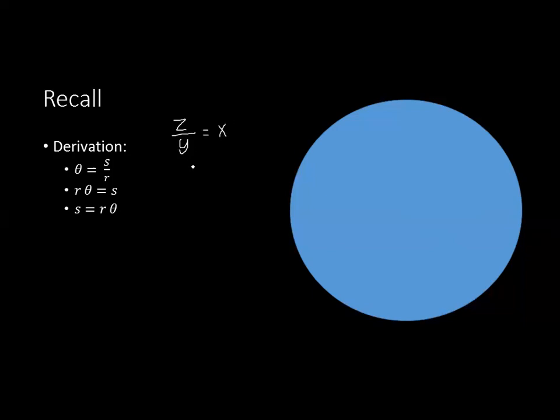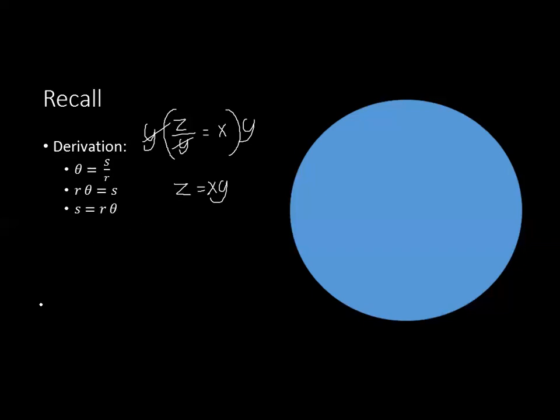You want to find your z. All you need to do is to make it alone. So I'm going to multiply both sides of the equation by y. If I multiply by y on this side, this would be canceled. So I will have z and I will have xy. So that's it.